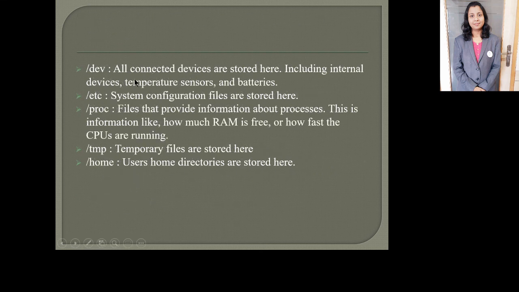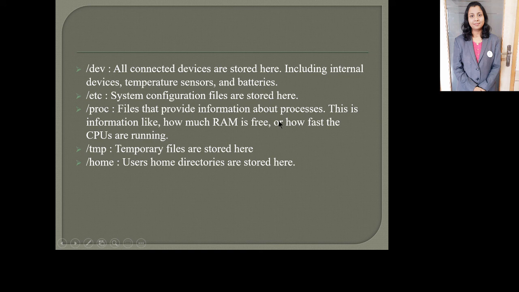Next is slash dev. That is all the connected devices. Dev means devices. These are stored here, including internal devices, temperature sensors, and batteries. Next is slash etc. System configuration files are stored here. Next, slash proc. Proc means processes, files that provide information about the processes, like how much RAM is free or how fast the CPUs are running.